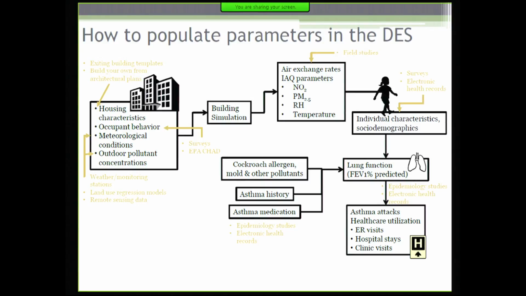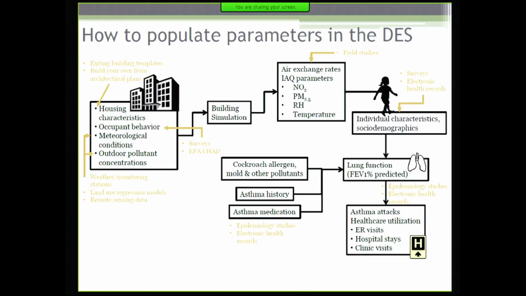To parameterize the kids, we've mostly used survey information before, but we're actually starting to work with electronic health record data from the Boston Medical Center to try and find profiles of kids that we can use also to parameterize the model. For the linkages between all these exposures and lung function, we can look at epi studies.